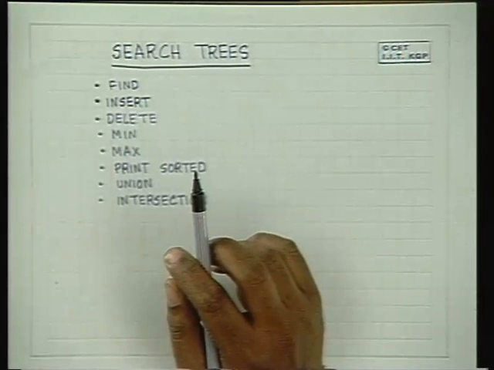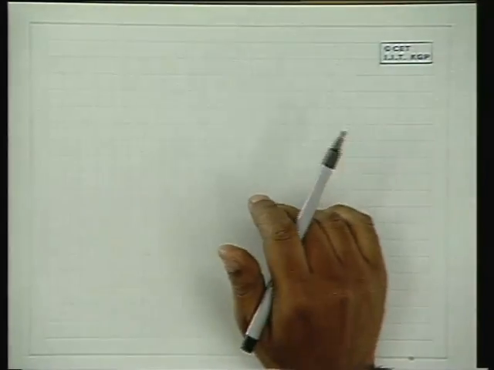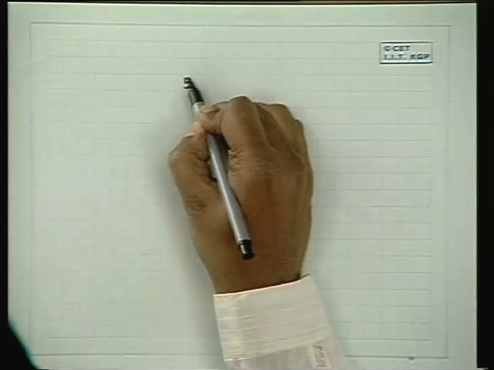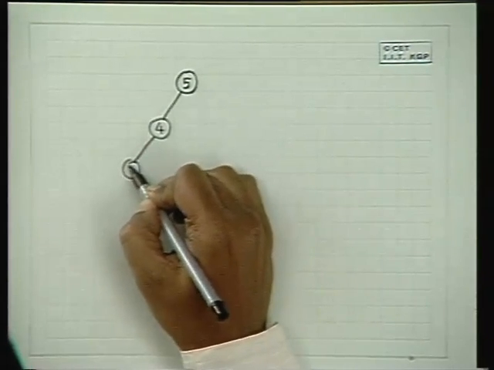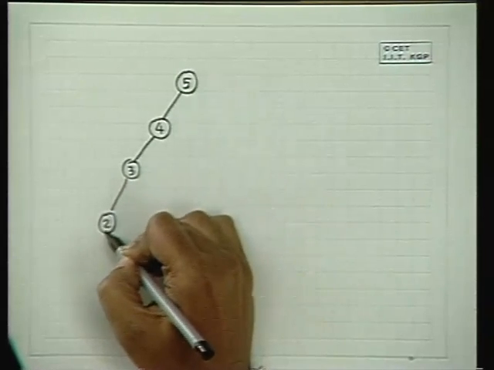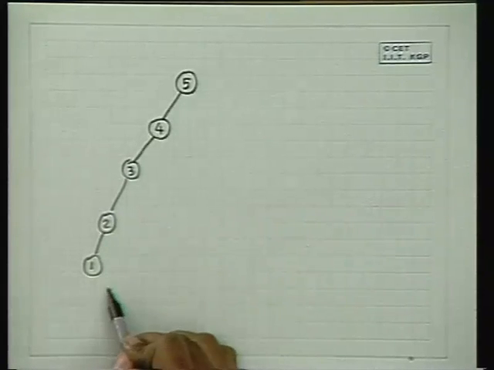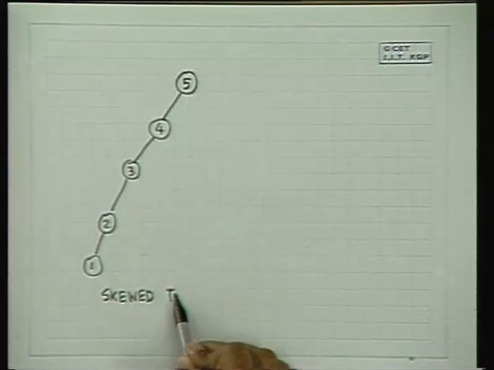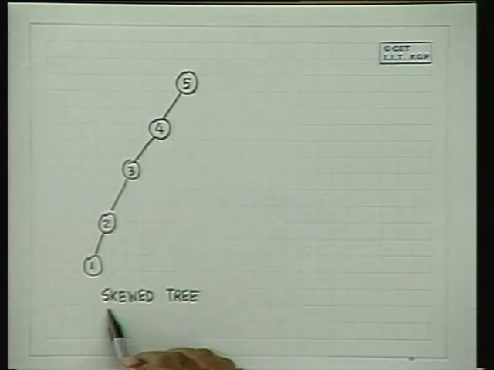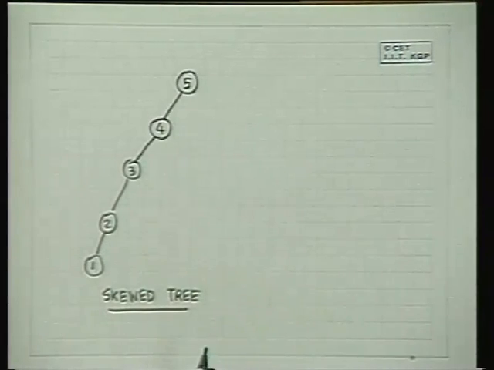And the length of the longest path in the search tree, in the best case and in the worst case, what can it be? Suppose you have a search tree. In the worst case, it can be a skewed tree. And a skewed tree's worst length of the longest path is the number of nodes.